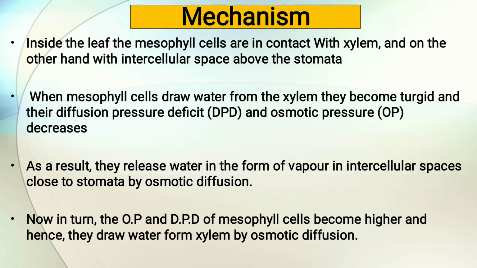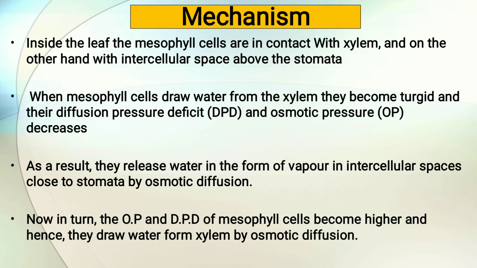Inside the leaf, the mesophyll cells are in contact with xylem, and on the other hand with the intercellular spaces above the stomata. When mesophyll cells draw water from the xylem, they become turgid and their diffusion pressure deficit and osmotic pressure decrease.